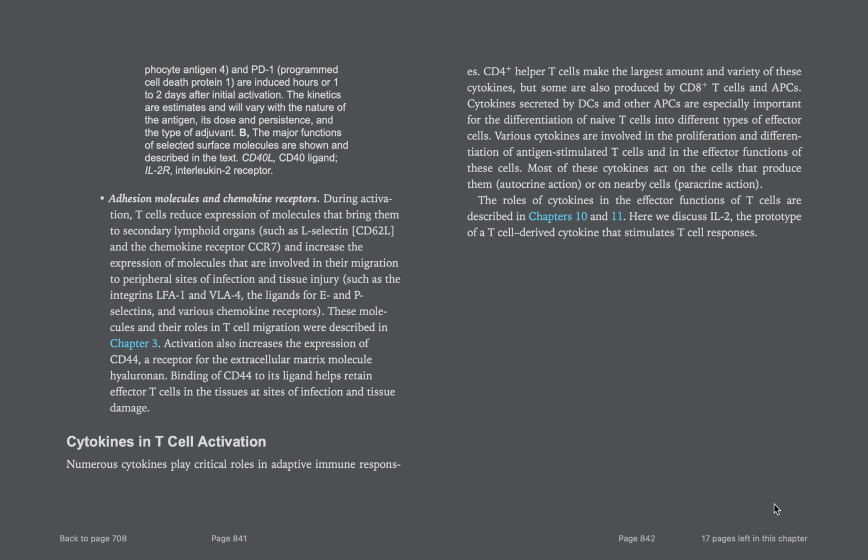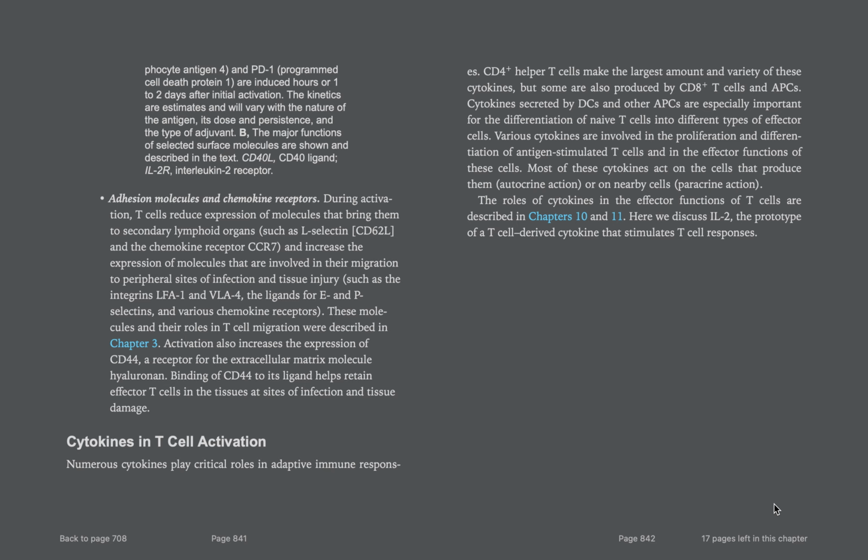During activation, T cells reduce expression of molecules that bring them to secondary lymphoid organs, such as L-selectin, that is CD62L, and the chemokine receptor CCR7, and increase the expression of molecules involved in their migration to peripheral sites of infection or tissue injury, such as the integrins LFA-1 and VLA-4, ligands for E and P selectin, and various chemokine receptors.